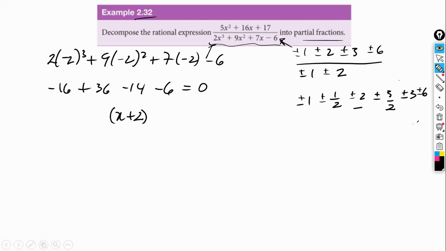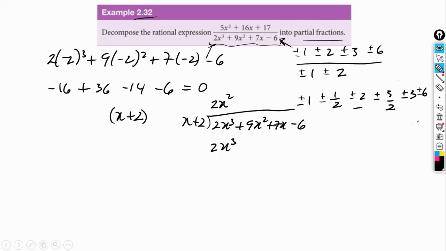So I'm going to use long division to find the other polynomial, right? X plus 2 dividing 2x cubed plus 9x squared plus 7x minus 6. So here we multiply by 2x squared, right? So we're going to get 2x cubed plus 4x squared. Subtract.